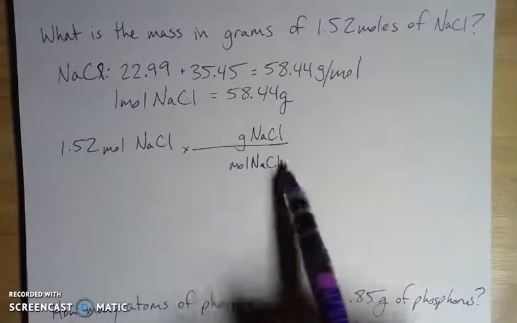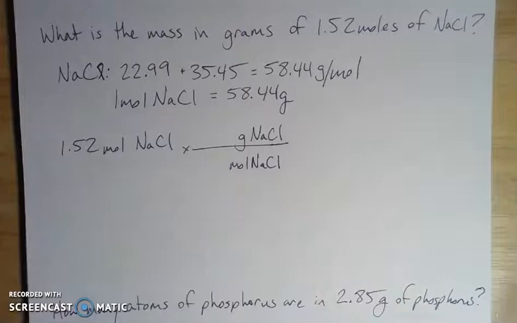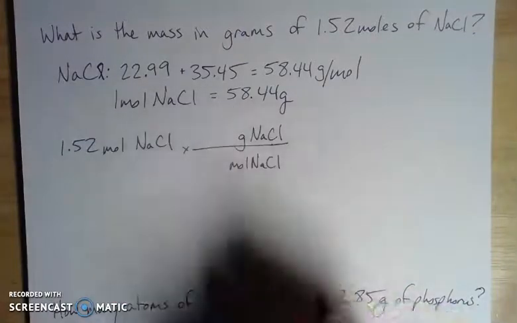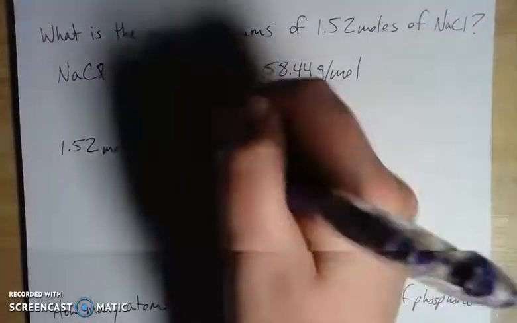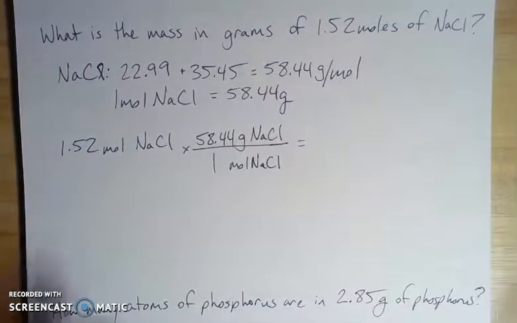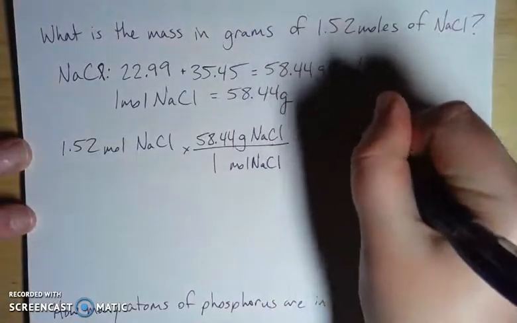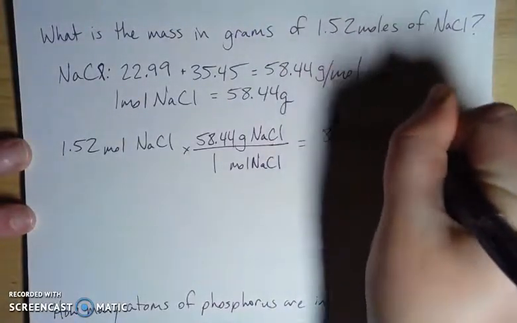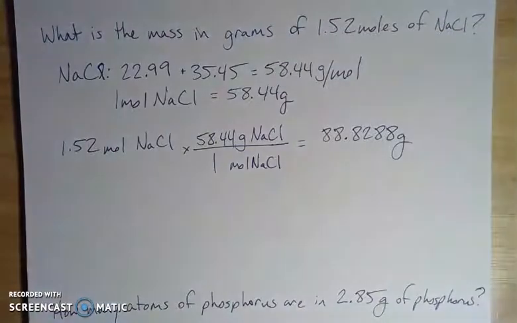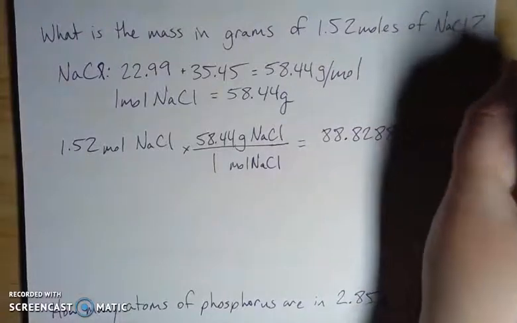Okay, so then once I've put my units in there, my moles are going to divide out. I'll be left with grams of sodium chloride, and now I can plug in my numbers, right? For every 1 mole of sodium chloride, it's 58.44 grams, and now I can multiply across, and my calculator will tell me that it is 88.8288 grams. Well, it won't have the grams, but you know what I mean. So it's this many grams of sodium chloride.